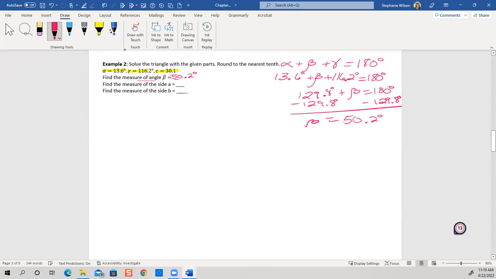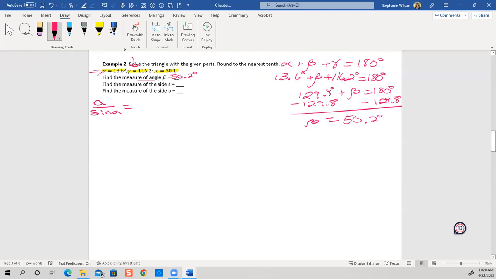Okay, so now that I know that, I'm going to solve for either A or B first. It doesn't matter which one, but I'm going to go ahead and go with A just because of the order it's in. And the reason it doesn't matter is we already know what alpha is, right? We just found beta.